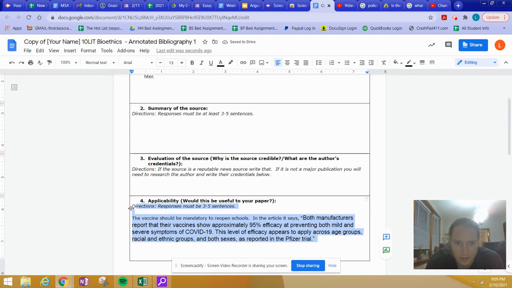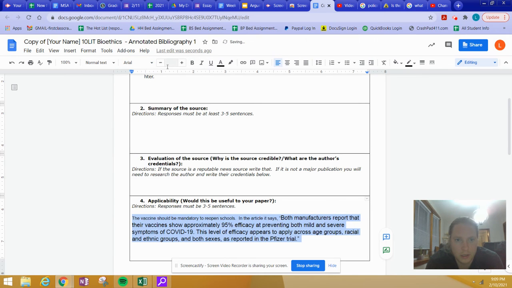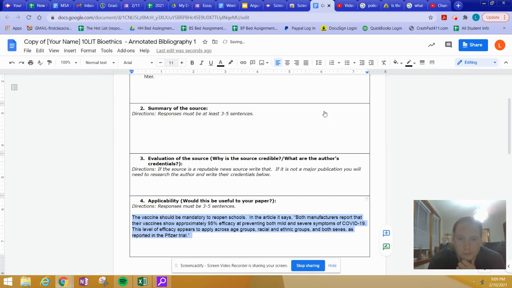I don't like how it's all different, so I'm going to highlight it all, and I'm going to make sure that it's all the same font. Arial, same type. Much better.